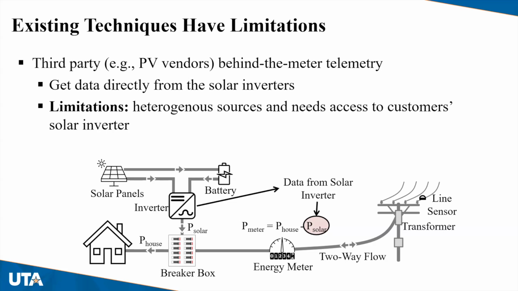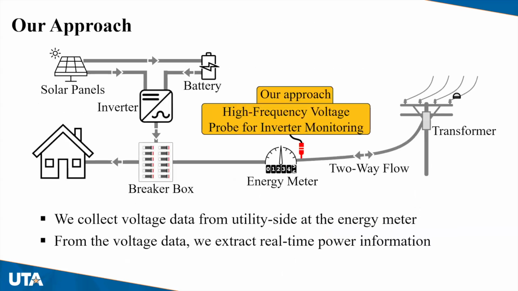So this is where our solution comes in. What we want to do is measure the voltage outside the meter, basically on the utility side, and from this voltage measurement, we want to know the power generation of the inverters. Again, this is non-intrusive because we are measuring data from outside the house.